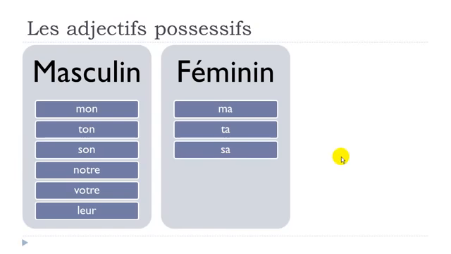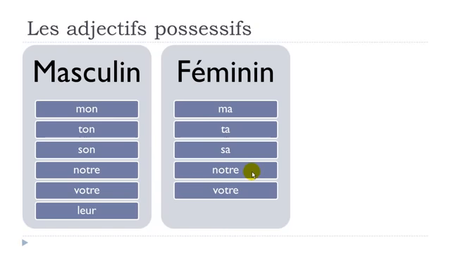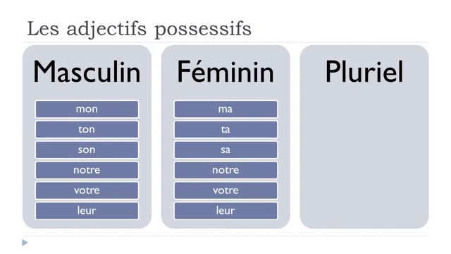And the good news is that notre is the same, votre is the same, and leur is the same. So you don't really have a difference between these three persons. You will have to use the same adjectif possessif. So the only difference is there: mon, ton, son, ma, ta, sa. And now let's see the plural part.